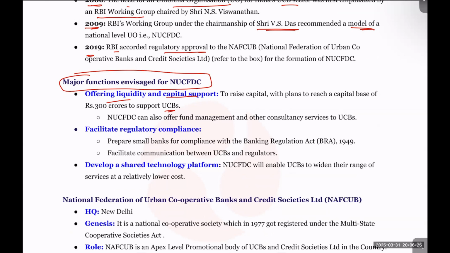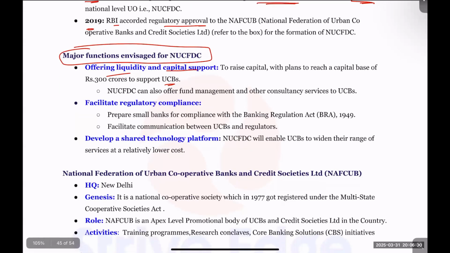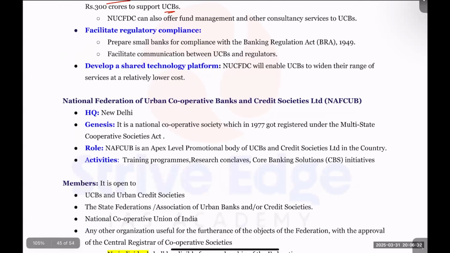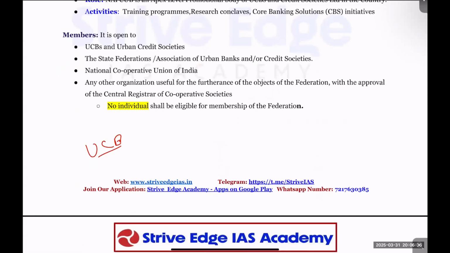If I take you a bit backward, 2 or 3 years back, urban cooperative banks were having multiple issues.